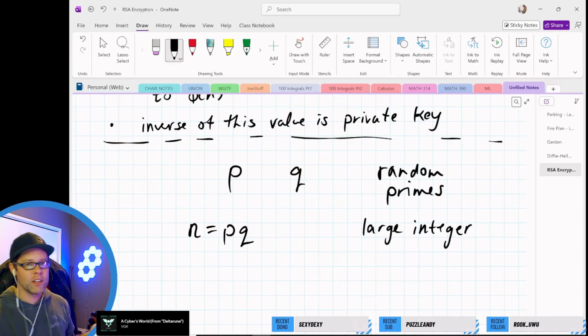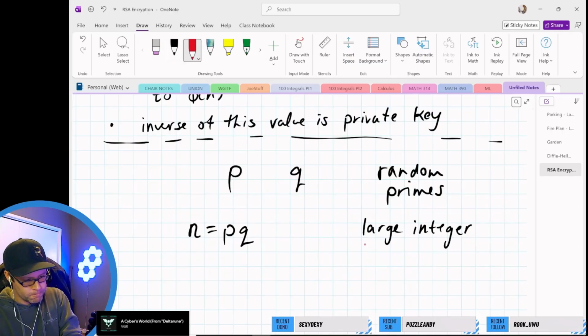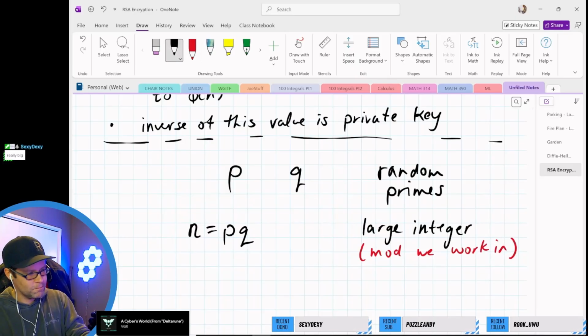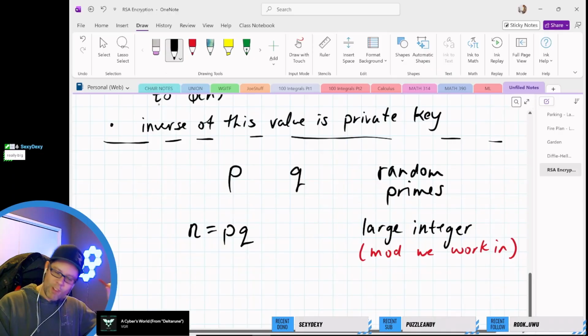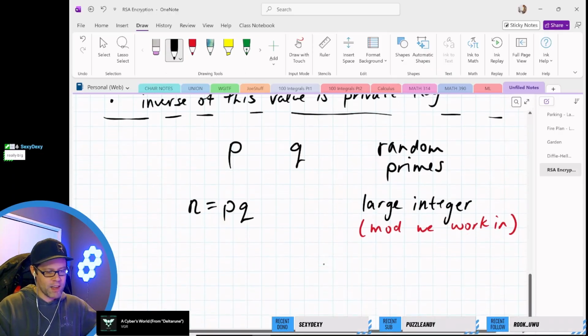So this n is actually the mod that we work with as well. Really big. It's a really big mod. It's huge. Some might say very long.